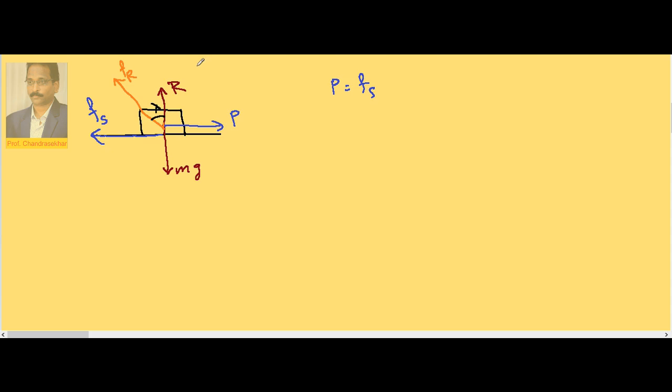If I complete this triangle, this side is R, and this side is automatically Fs. So from the figure, tan lambda is equal to opposite by adjacent. This is defined as mu s, the coefficient of static friction.